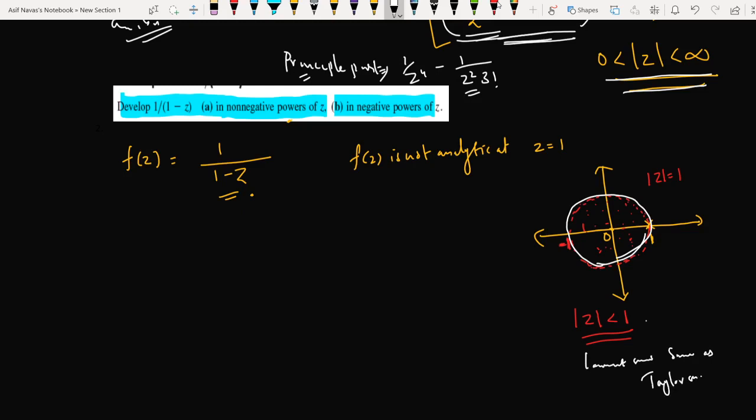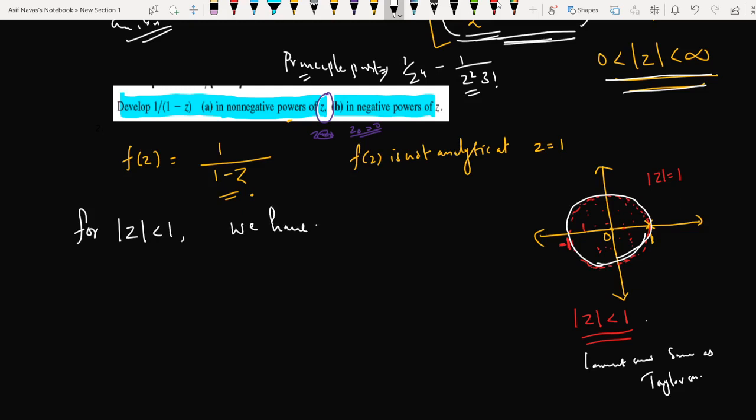We want the expansion in powers of z, that means z minus 0, so the center must be z naught equal to 0. So first we will find it for mod z less than 1.